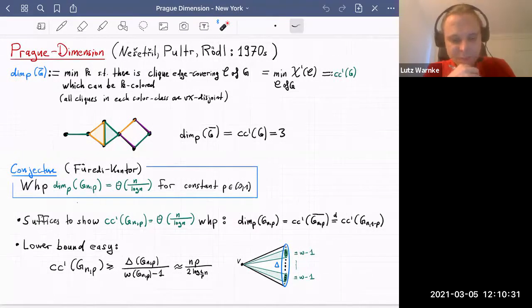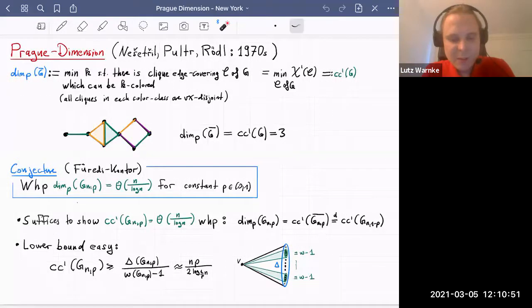And so now the conjecture of Füredi and Kantor is that if we look at the random graph G(n,p), so we're looking at an n vertex graph where each of the n choose 2 possible edges is inserted independently with probability p. So for each edge, we flip a coin, whether it's there or not.